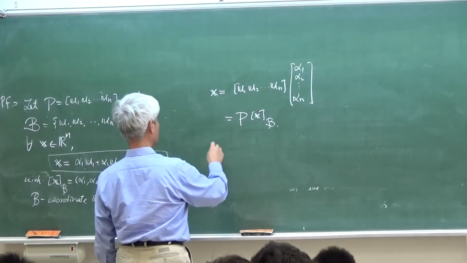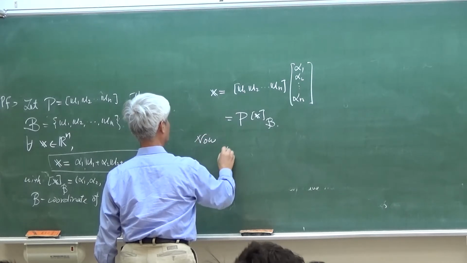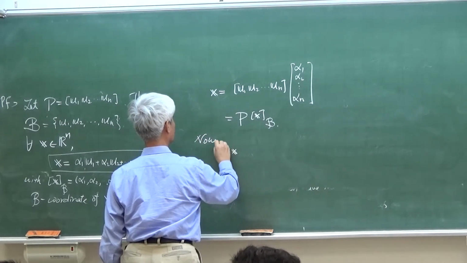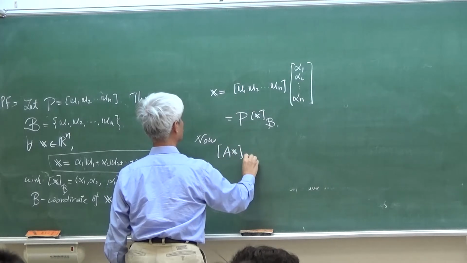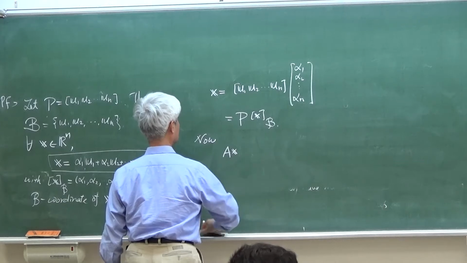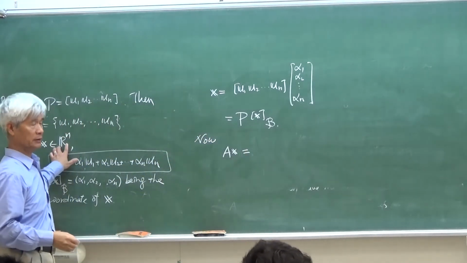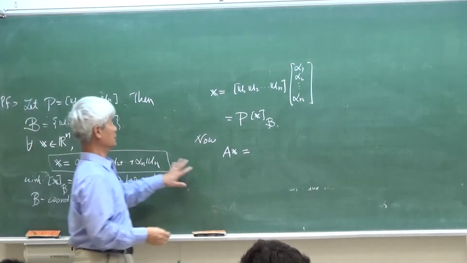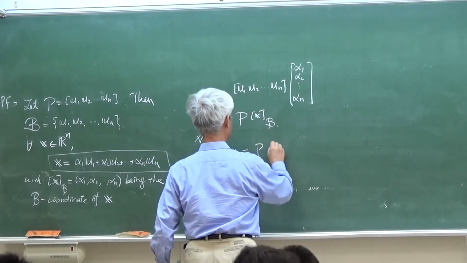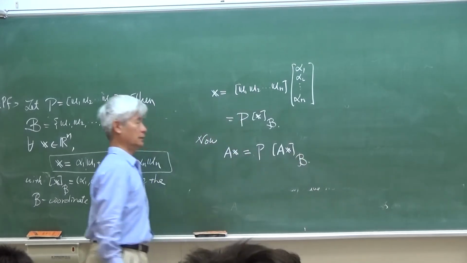All right. Now AX. AX is also an n-dimensional column vector, right? So we have P, AX.